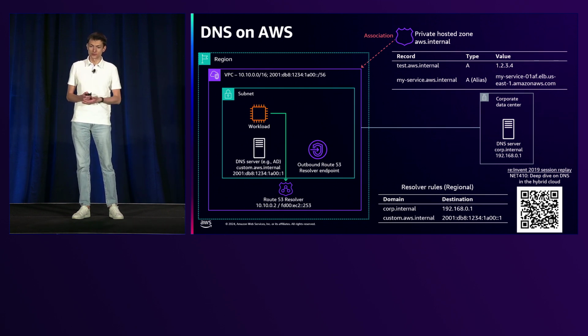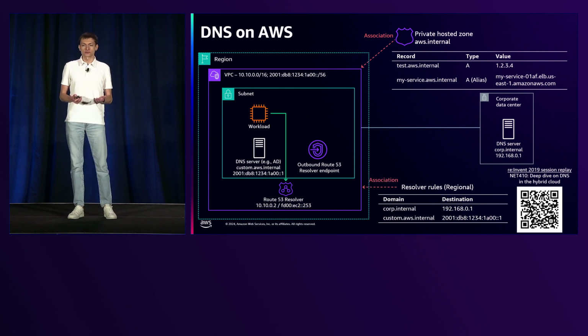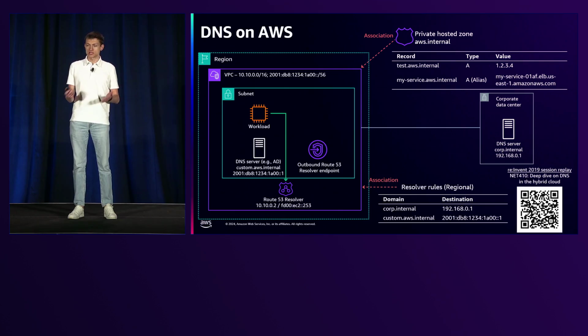It can be IPv4 or IPv6. Then this resolver rule can be RAM shared across your organization, and your VPC can be associated to that resolver rule. When you do this, Route 53 resolver will forward DNS queries for specific domains to the DNS servers that you specified inside of resolver rules.